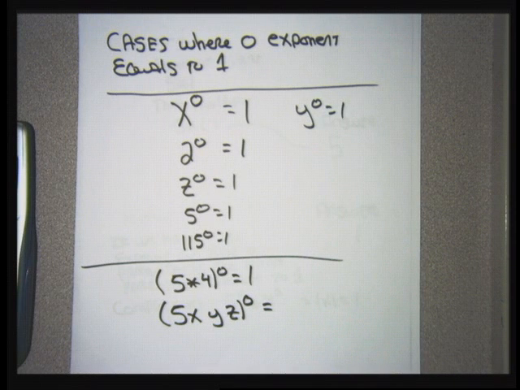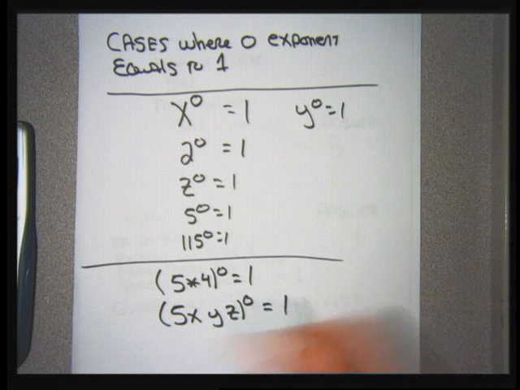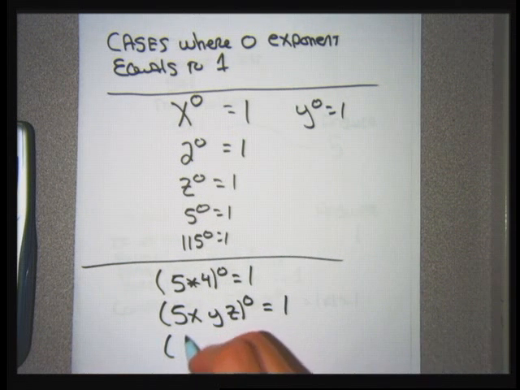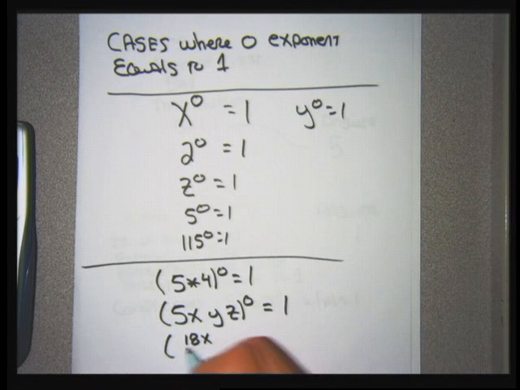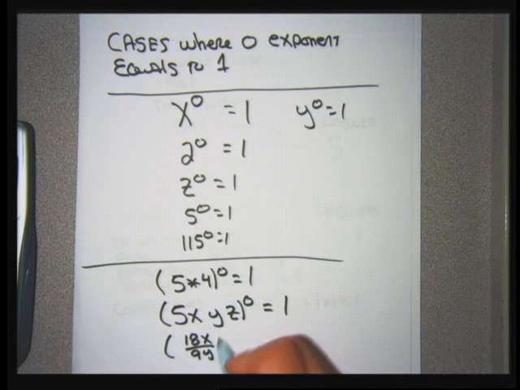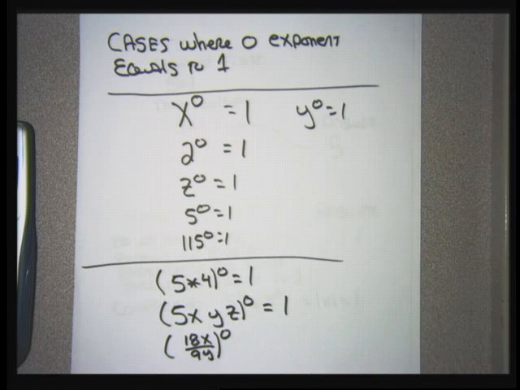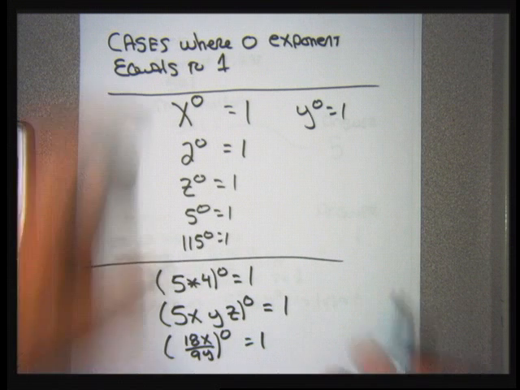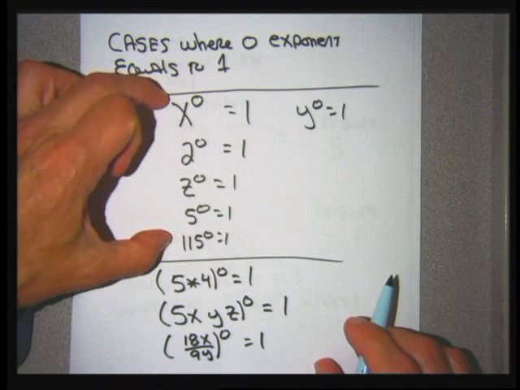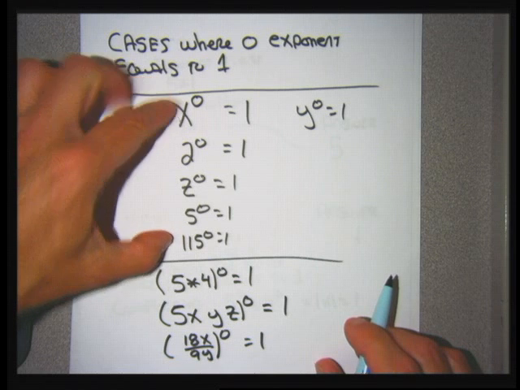Regardless of what's inside a parentheses, whether that parentheses is a fraction or not, if you have a parentheses and a zero exponent outside of it, that turns into 1.